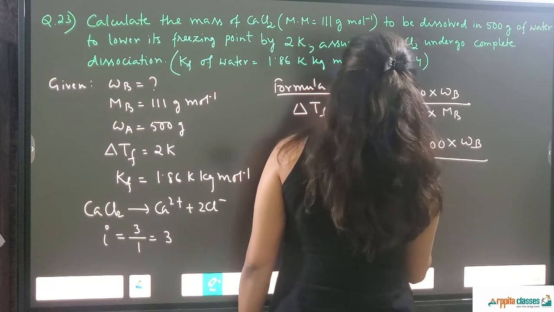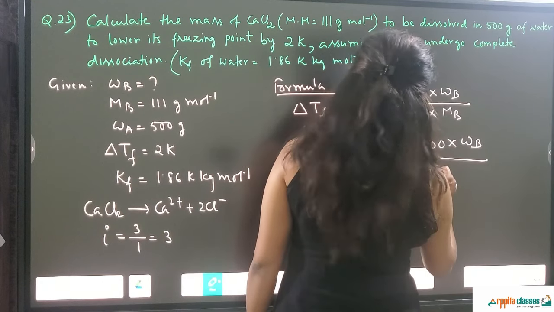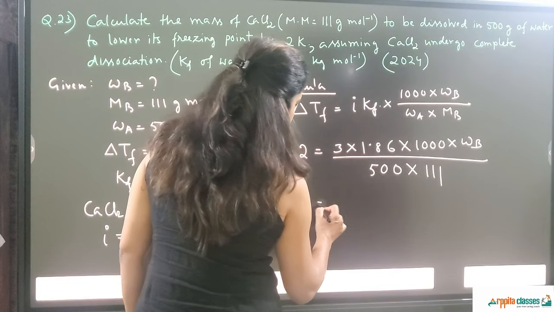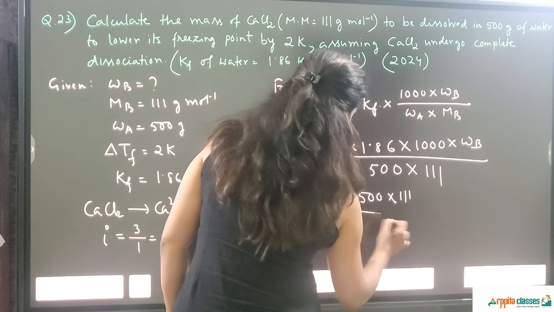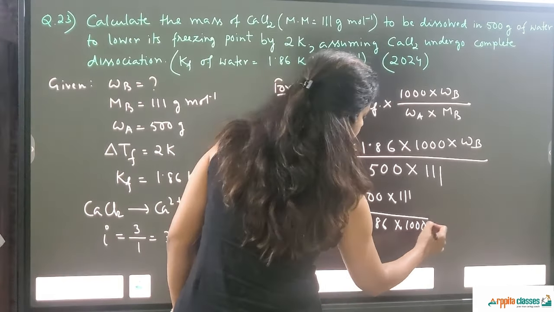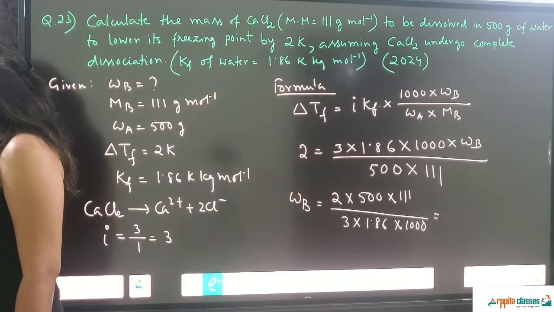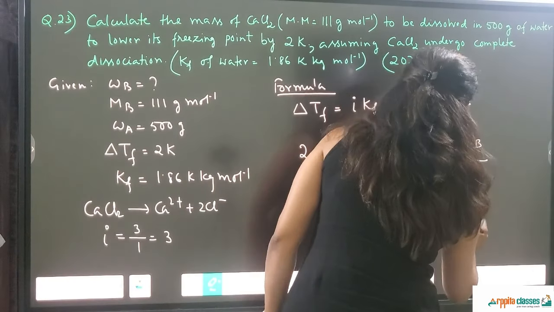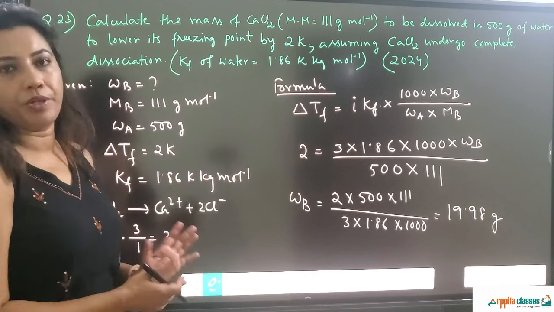Wa has been given to us, that is 500, into Mb, and Mb is also given to us, that is 111. So from here, after rearrangement, we get Wb is equal to 2 into 500 into 111 divided by 3 into 1.86 into 1000. So when you calculate, you get the answer. I've already calculated it before, and the answer is coming 19.98 gram. You please do your calculation and check the answer from here.